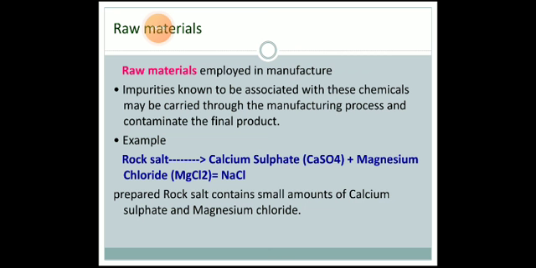For the raw material used during manufacturing, the impurities associated with these chemicals may be carried through the manufacturing process and contaminate the final product.